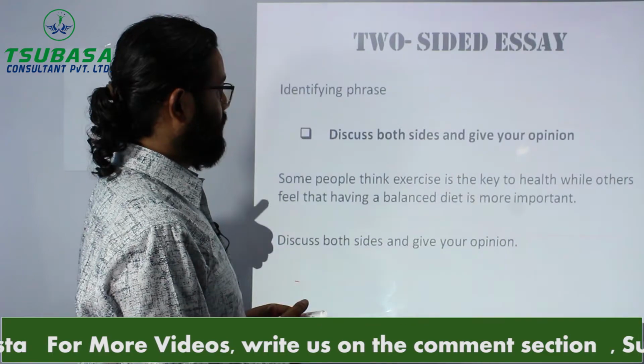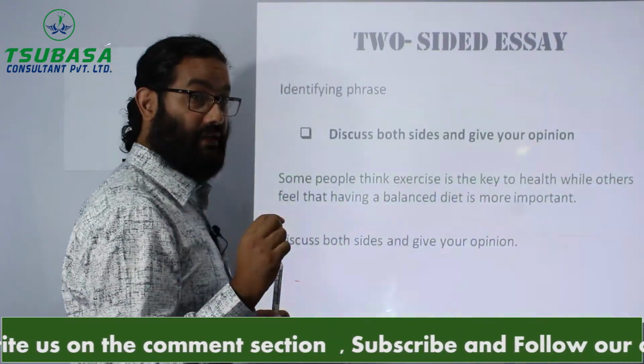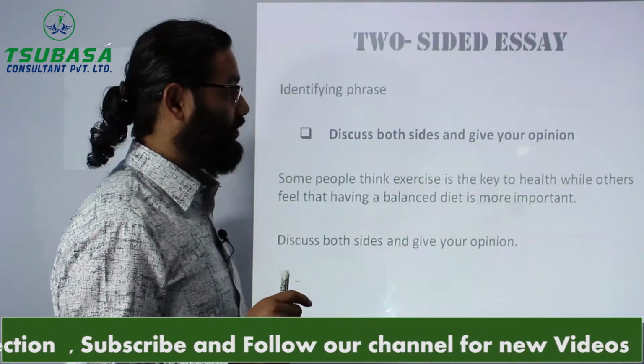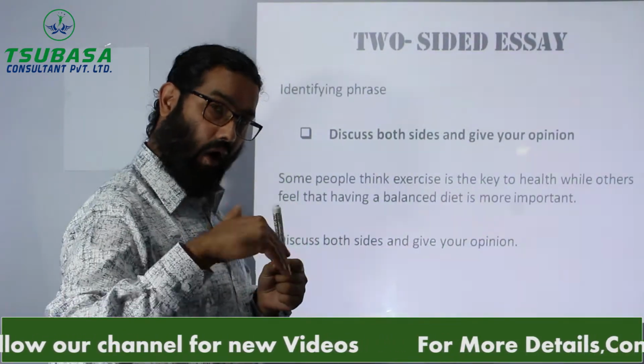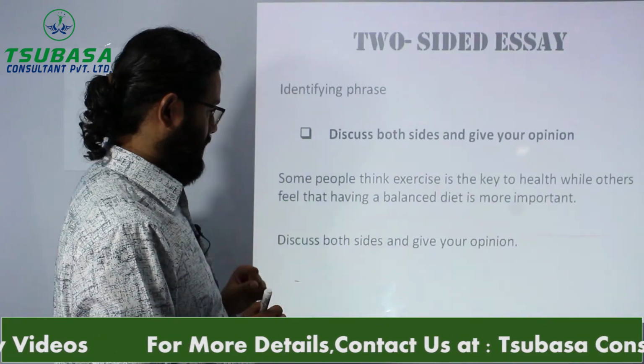Check this out. The identifying phrase, discuss both sides, means the question is telling you to discuss both. So you got to discuss both and give your opinion, which means you got to pick one and argue on that point of argument.